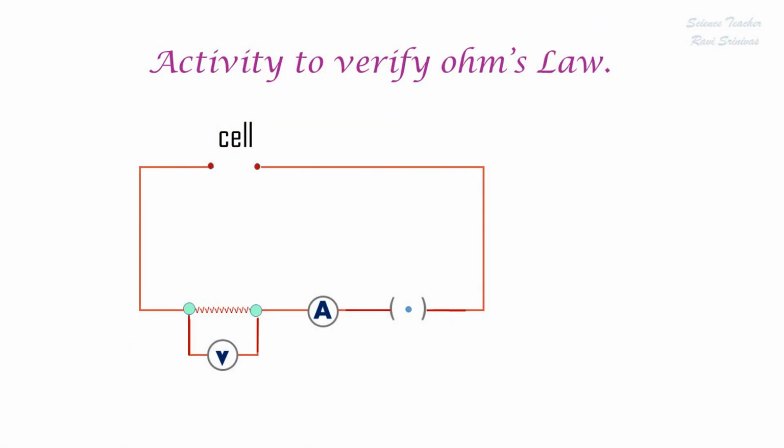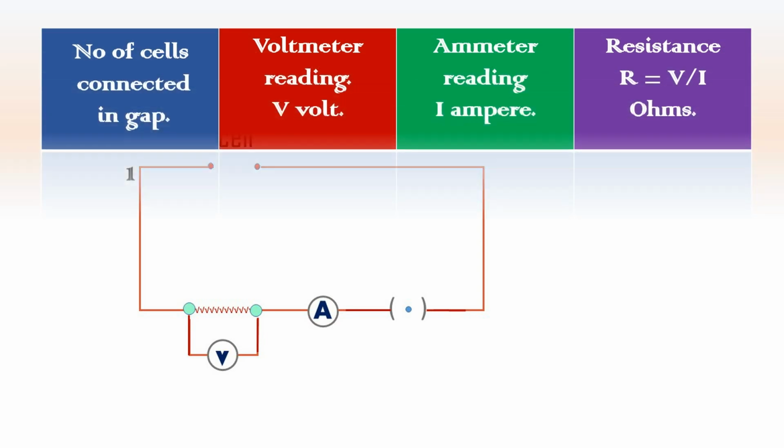From the activity, we observe that as the number of cells are increased, the readings of voltmeter and ammeter also increase.